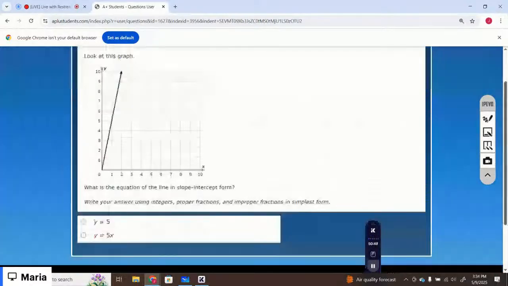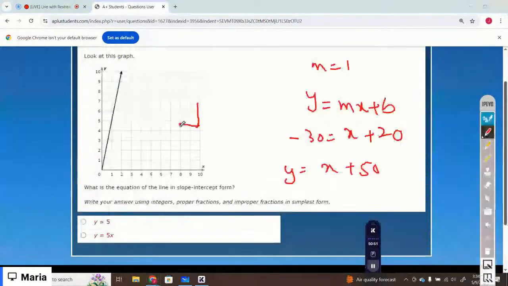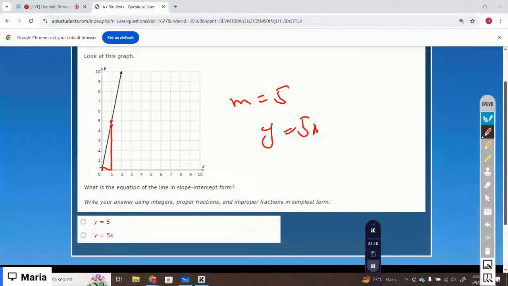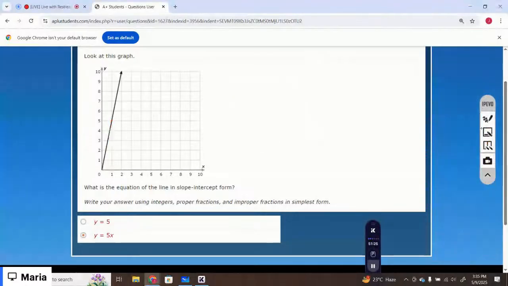So, what is the equation of the slope? The slope is 5. Y equals 5x. Option number 2 is the correct option. The correct option is y equals 5x.